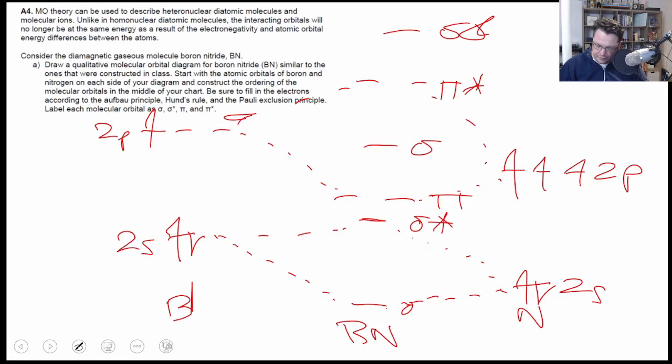Now, the reason why you have that slight change has to do with the fact that energetically, the 2s on the boron and the 2p on the nitrogen are close enough in energy that they can actually interact with each other and form a molecular orbital as well.